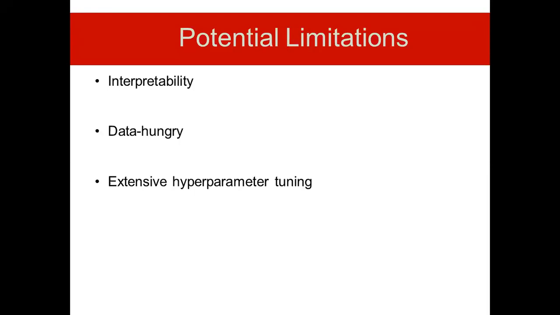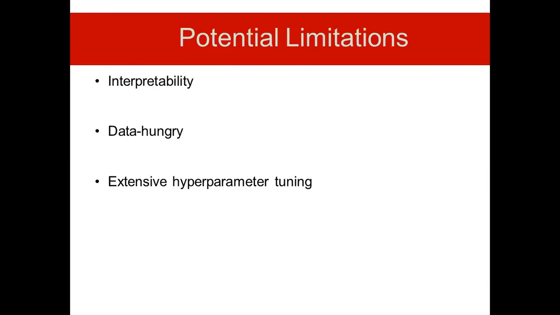If everything in your algorithm is a black box, it makes users trust your recommendations less. The second problem is deep learning models are data hungry, right? They need a lot of data to train.